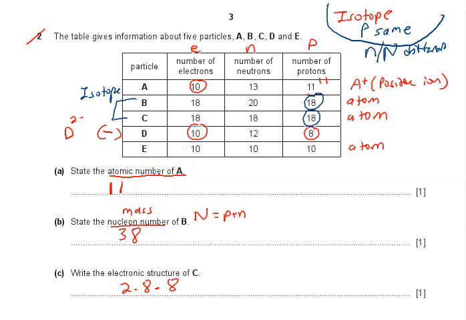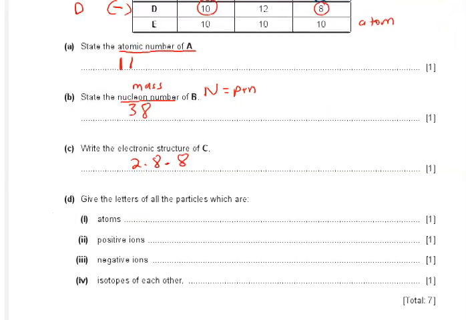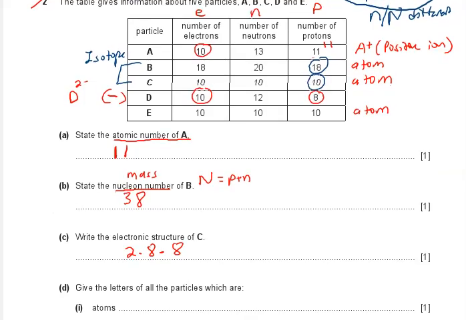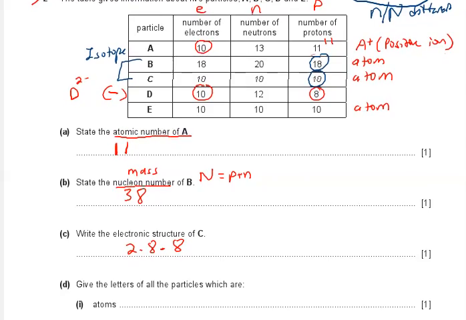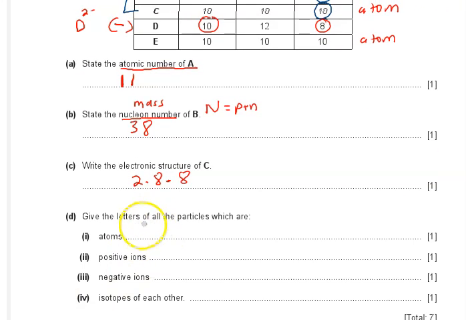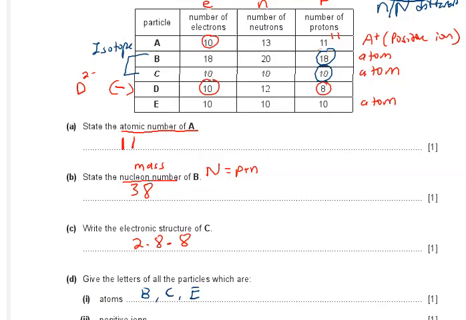Okay, now let us answer this question. So now they have asked atom. So atoms, we can say B, C and also E. So we just write it down over here, B, C and E. Okay, positive ion and negative ion we have only one each.